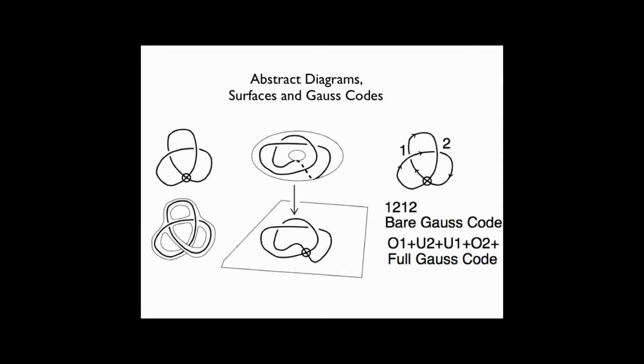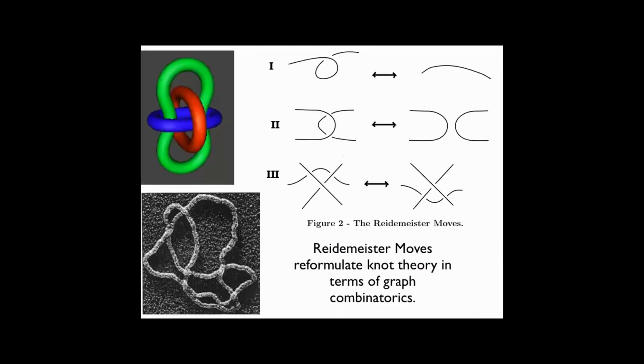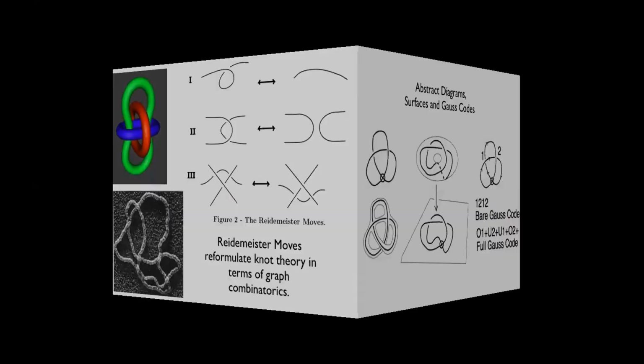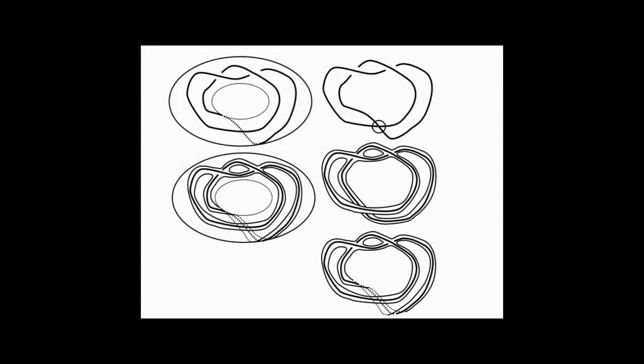And one can go in the other direction as well. If one had a diagram in a surface, one can form the same ribbon graph neighborhood construction in the surface and then excise, cut out the ribbon graph.